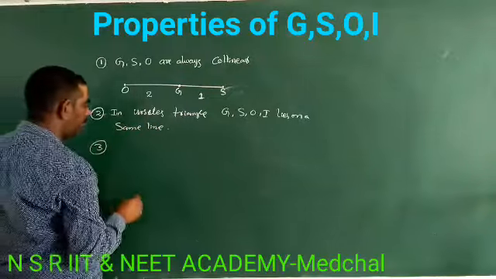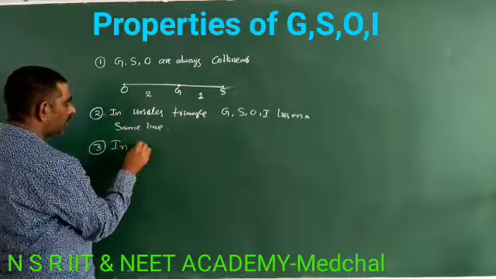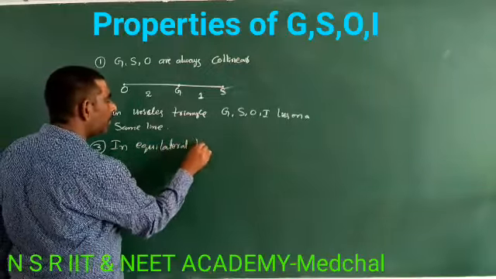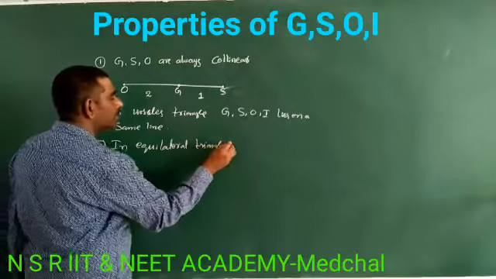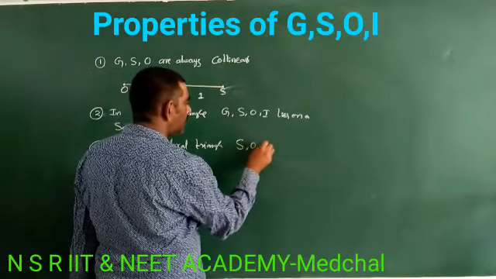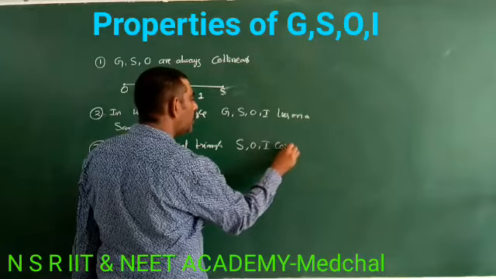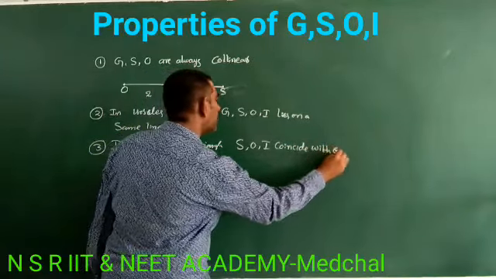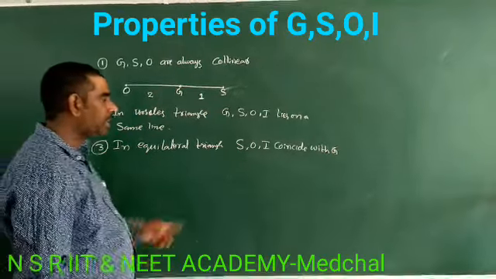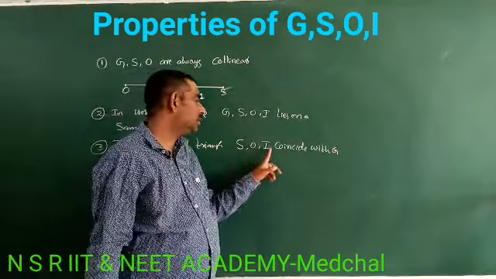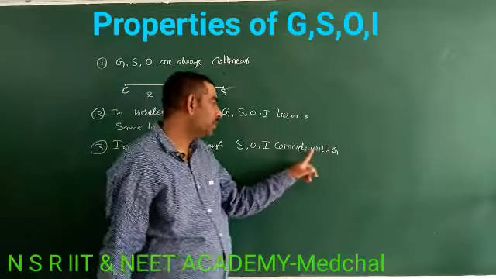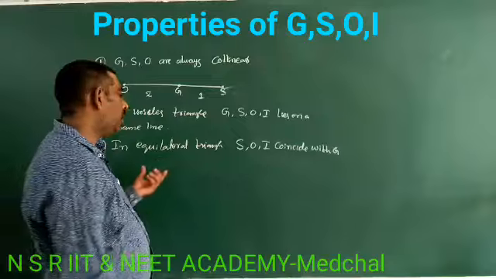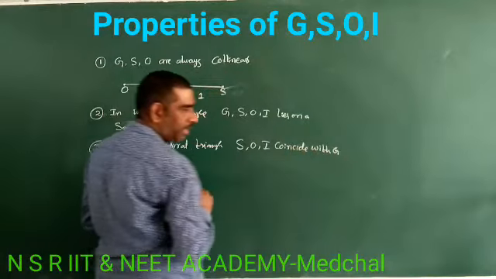In an equilateral triangle, the circumcenter, orthocenter and incenter coincide with the centroid. In an equilateral triangle, the circumcenter, orthocenter and incenter coincide with the centroid. That means in an equilateral triangle, all are present at one point, that is the centroid.